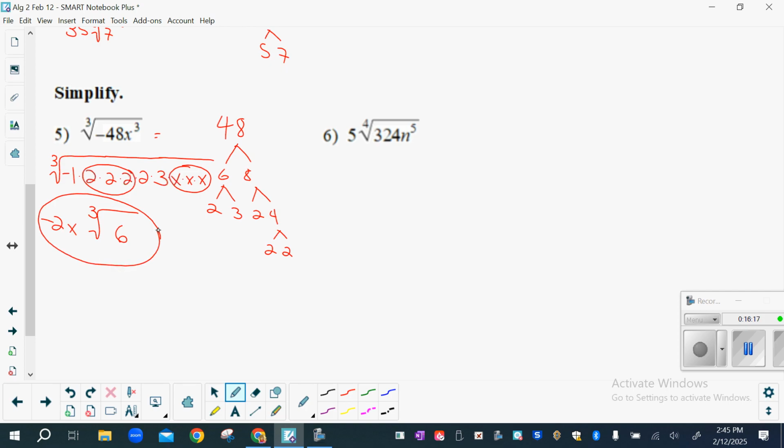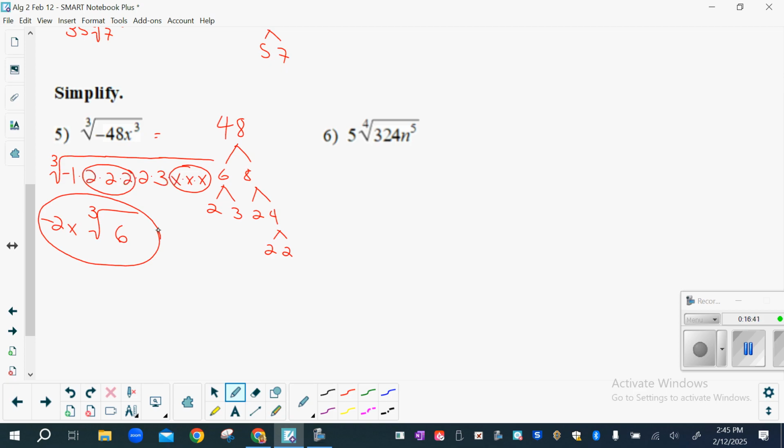The negative we pulled out because it's odd. Does that make sense? Since it's negative on the inside, we pull it out because it's odd. We're not going to give you ones where it's even, unless we're doing stuff with i.